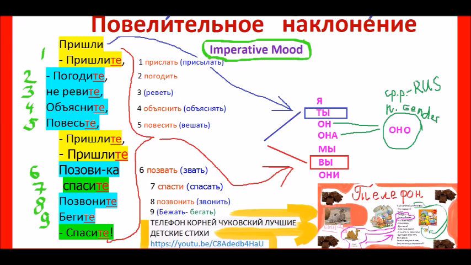Он, he, она, she, мы, we, вы, you, formal or plural. 2 people, 3 people, you. Они, they. On the very extreme right, you have оно, which is on the top. I'm reminding you, this is neuter gender.